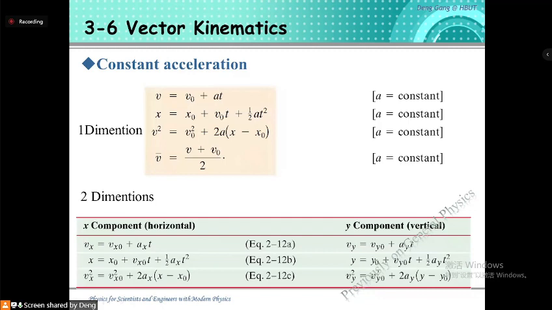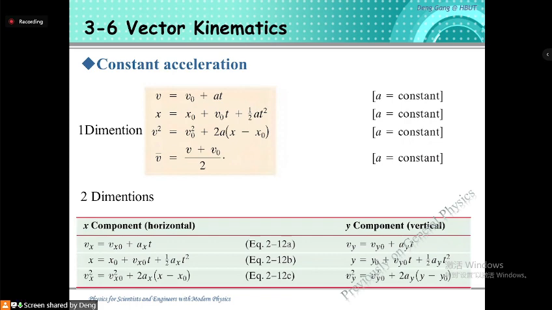And the equations in the 2-dimensional problem should be the same as in 1 dimension. We just resolve it into component form. You can compare the equations for constant acceleration in one dimension and 2 dimensions. You can see that in 1 dimension and 2 dimensions, it's almost the same, but we just use the component form.